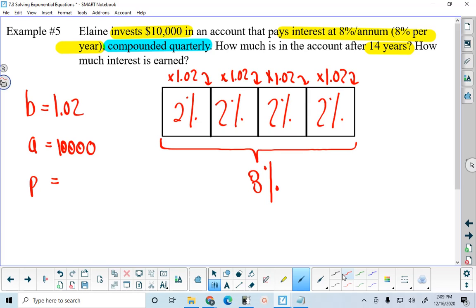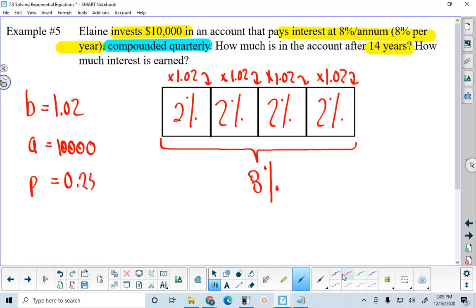Anybody want to volunteer an answer in the message window? 0.25, 0.25. I need to ask you a question. 0.25 what? Years, exactly.